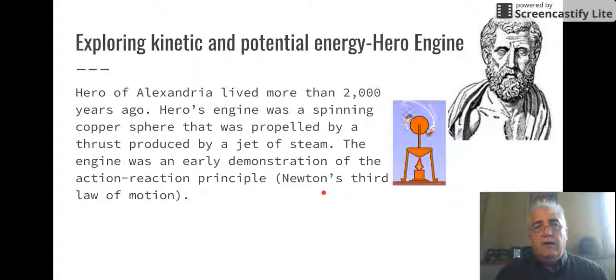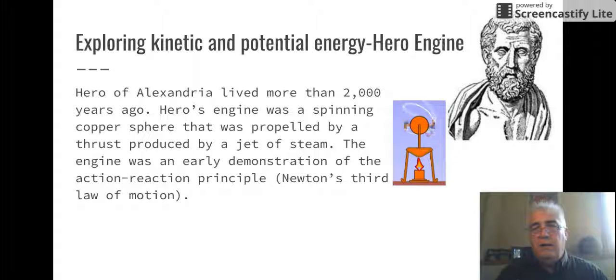Now, moving towards the end of our little conversation here, I wanted to bring up this gentleman, Hero of Alexandria, who invented a kind of unique device called the Hero engine. Essentially what it does is this sphere was sealed, filled with a little water and sealed. As it was heated, as energy was added to it, that water, that liquid, began to boil.